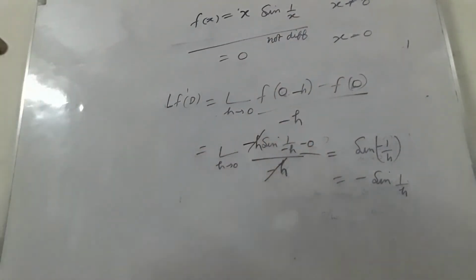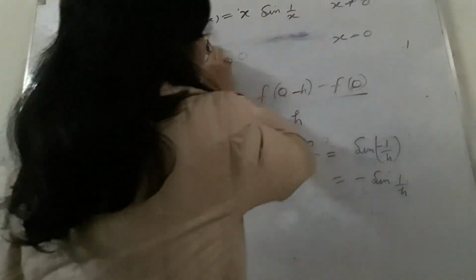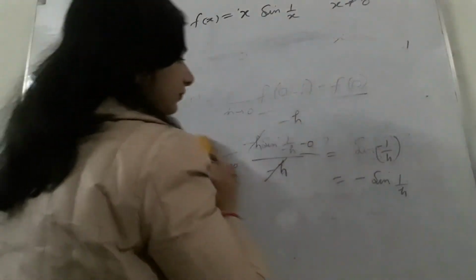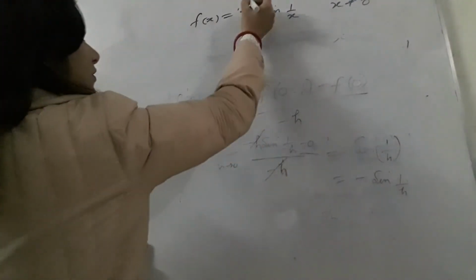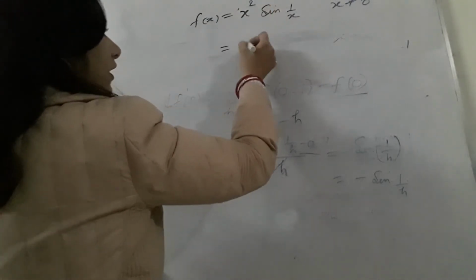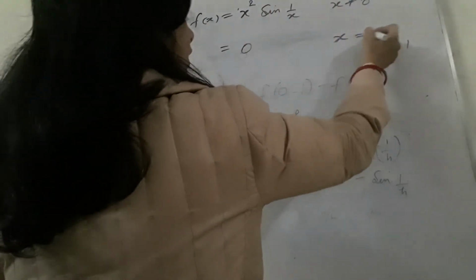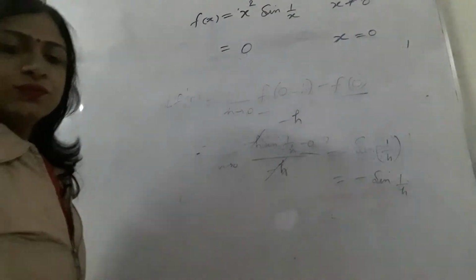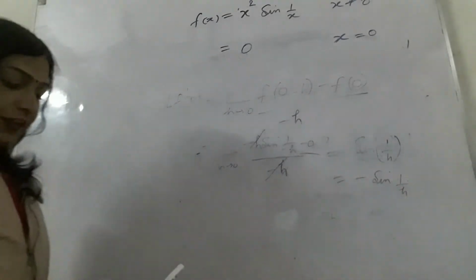Now, take another example, which is f(x) equals x square sine 1 upon x when x is not equal to 0, and 0 when x is equal to 0. So we will find its right hand derivative and left hand derivative.